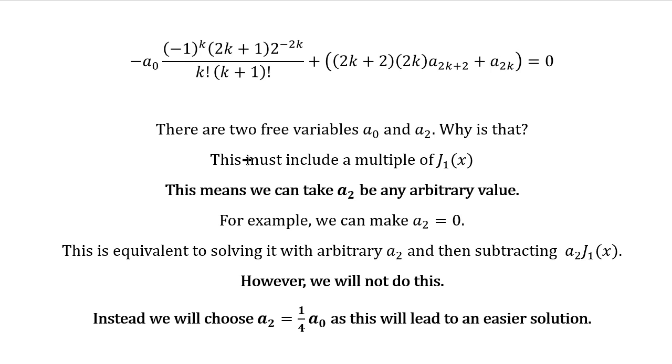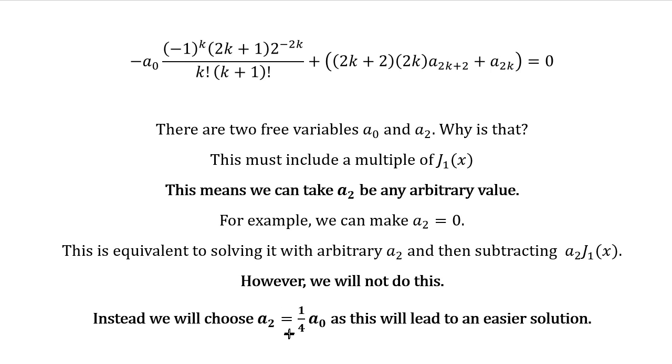I realized that other books, they choose a2 to be 1/4 of a0, which is possible. And actually what happens is that the moment you choose this, then the ANs become something manageable, and we start seeing some pattern, okay? And I feel like this actually came from reverse engineering the other solution that I talked about in the beginning, the Bessel function of the second kind.